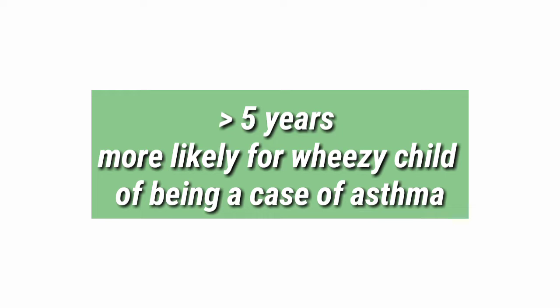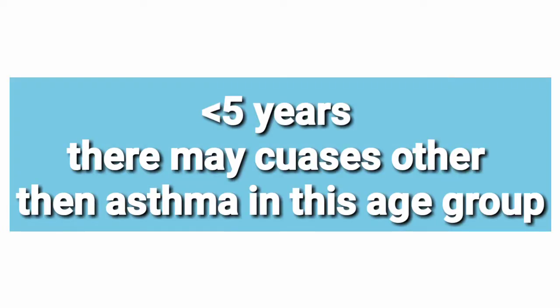And there are other causes of wheeze that are typical in less than 5 years of age, that are very rare above 5 years of age. So above 5 years of age, it is easy for you to label a child asthmatic. Below 5 years of age, it is difficult. The reason again is that you don't have sufficient time for the history of disease. There are various other causes that are very common in this age group rather than asthma for the wheeze.